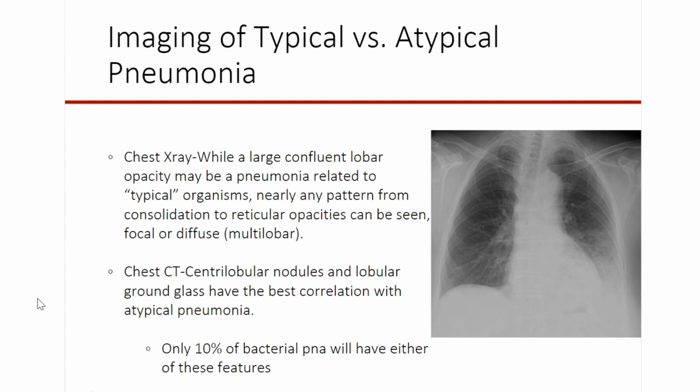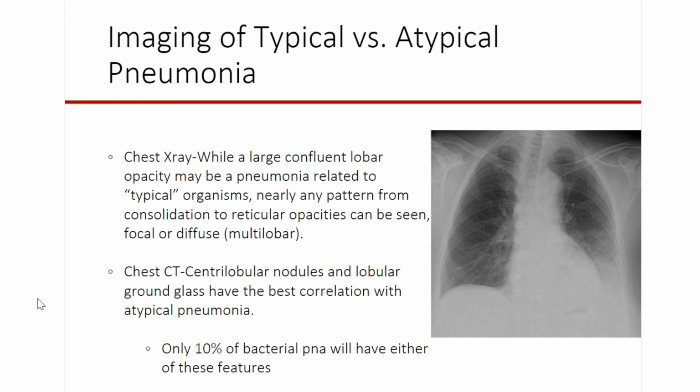So imaging of typical and atypical pneumonia can be sort of divided into: is there just a large lobar consolidation that we would think is going to be a bacterial pneumonia, all right? Or are there ancillary features that we can describe that hint that this may be atypical?